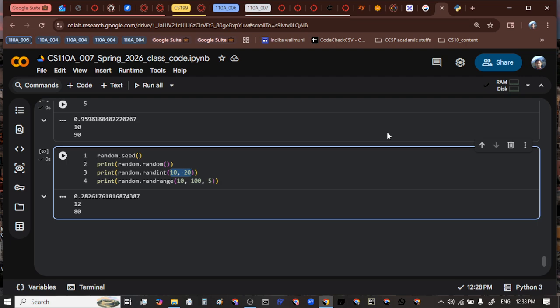If I want to simulate a class of 100, 50% women and 50% men, can I use a uniform random number generator? No, because the distribution is a bell curve. So you have to use the Gaussian distribution, which is what we call the normal distribution.